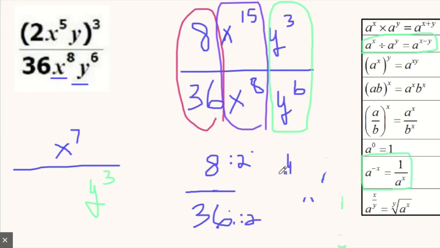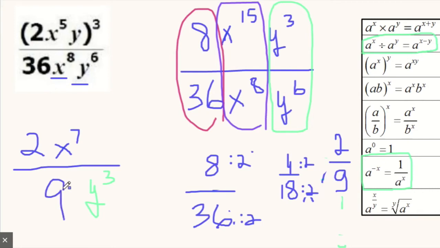That would be 4 over 18, divided by 2 again. It's 2 over 9. Then you can just write 2 on the top, 9 in the bottom. And this would be your answer.